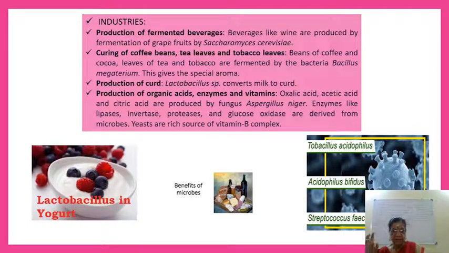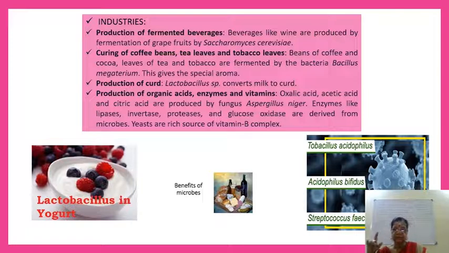So, நம்ம இந்த presentationல we are learning microbes, useful activities of microbes in industry. First one, it is in fermented beverages. Then fermentation by the action of Bacillus megaterium. இதுக்கு curing of coffee bean, coffee seeds சொல்லலாம், coffee bean, tea leaf and tobacco leaves.